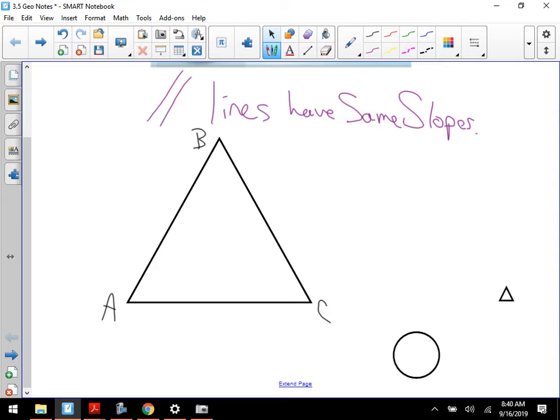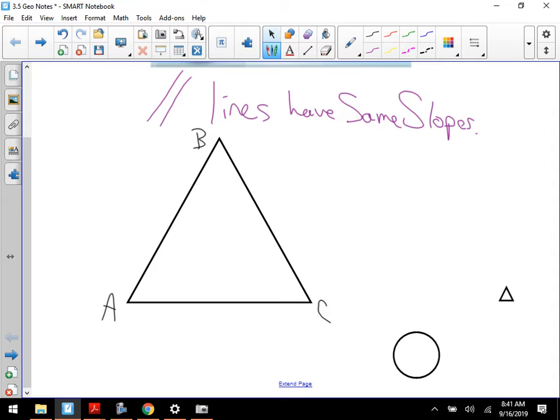Remember how we talked about labeling angles before? We would label them with 3 letters. The middle letter was always the vertex, good. So with triangles, we have 3 angles.